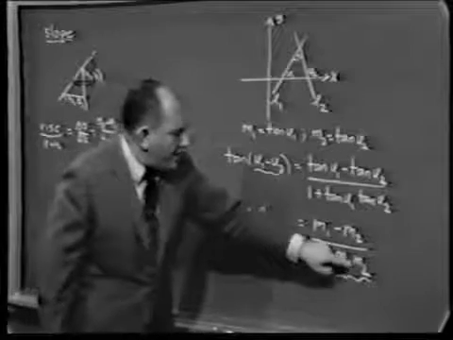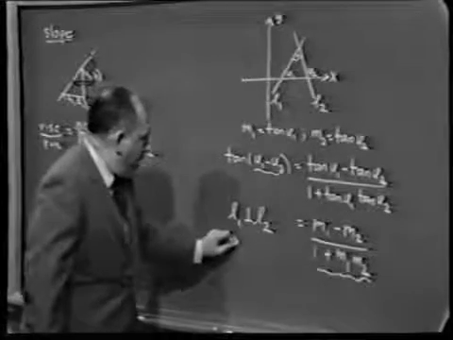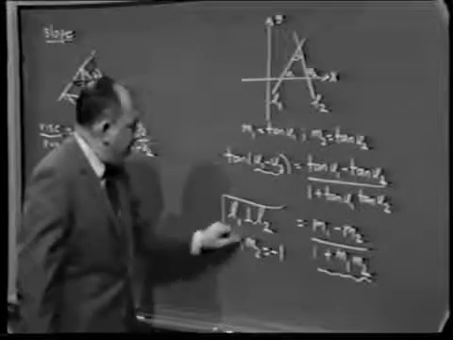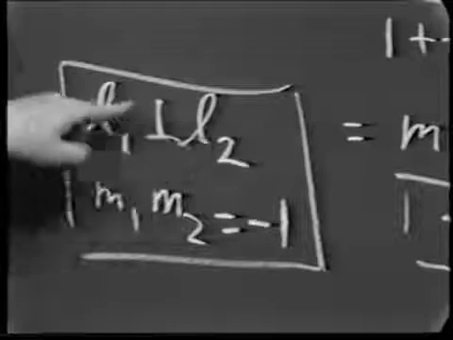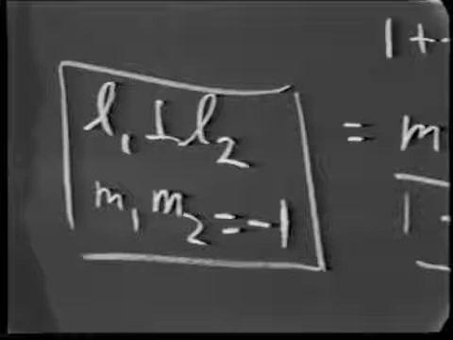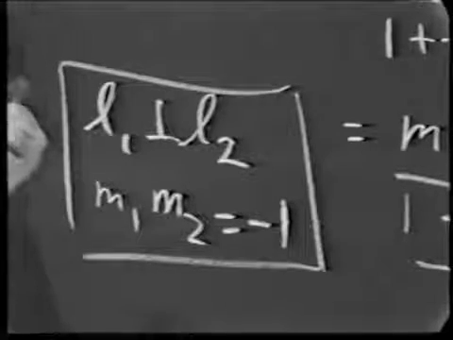But the only way that 1 plus m1 m2 can be 0 is for m1 m2 to be equal to minus 1. And this gives us the other very well-known result, that in terms of slopes, to study whether two lines are perpendicular, all we need to investigate is whether one slope is the negative reciprocal of the other.